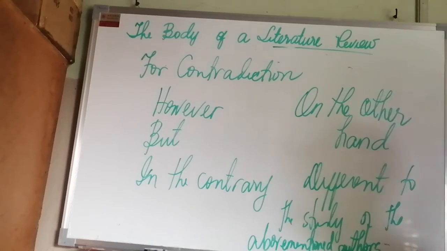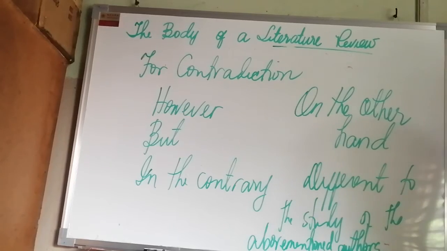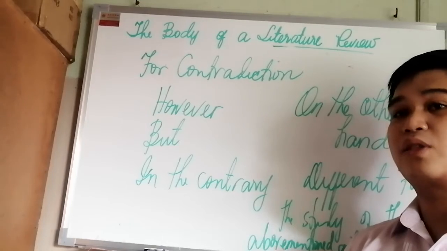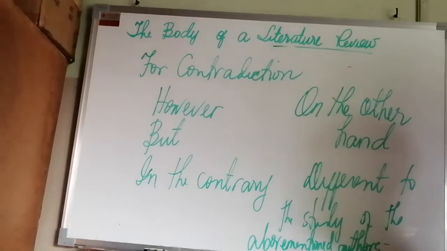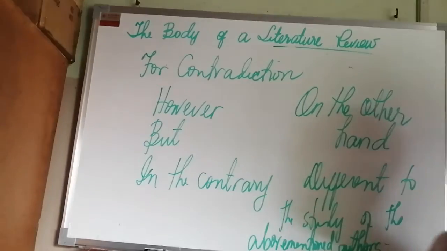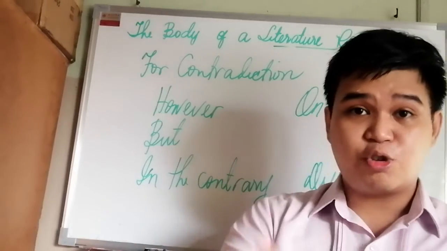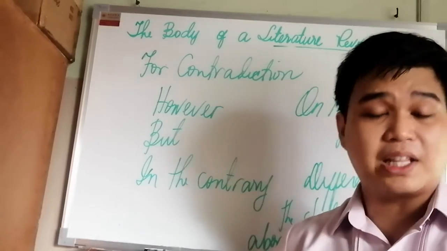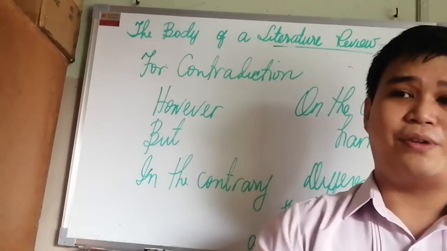So, pwede kang gumamit ng mga contradicting, yung hindi naman sa hindi relevant, kumbaga iba yung na-discover niyang result. Lalo na kung may study na nagbigay ng significant relationship, yung isa walang significant relationship, yung isa may significant difference, yung isa walang significant difference. Maganda din yung ilagay sa inyong literature body.